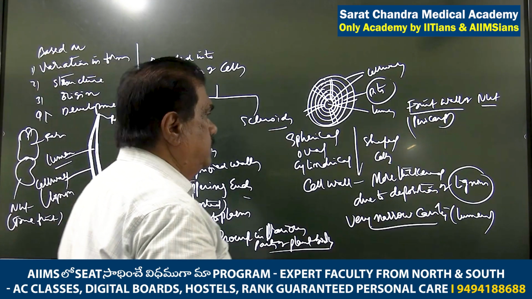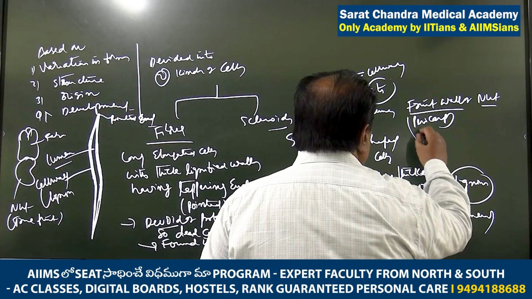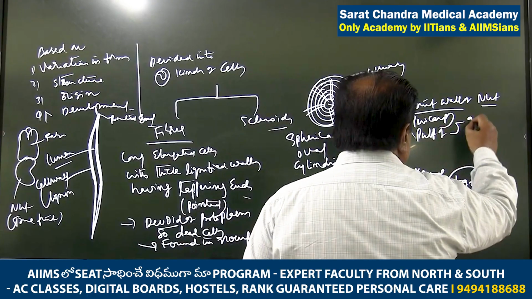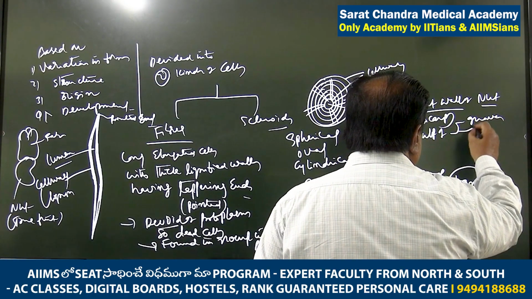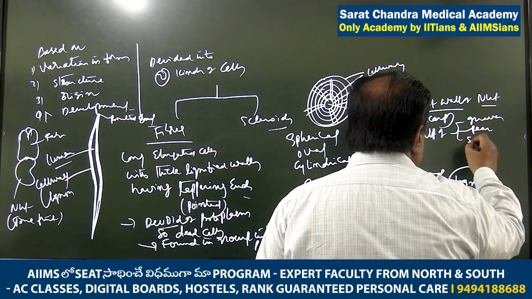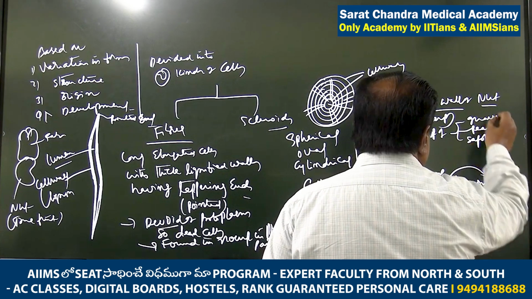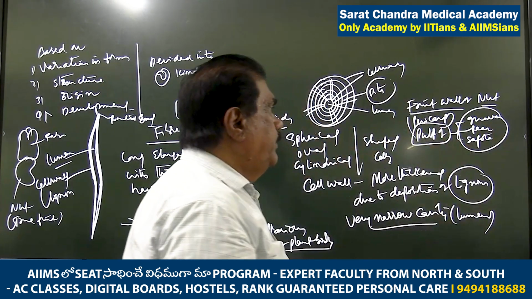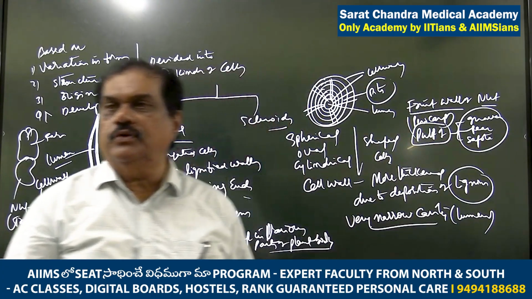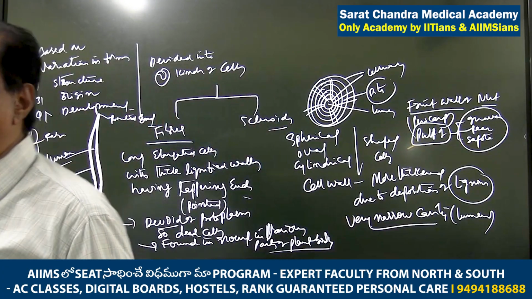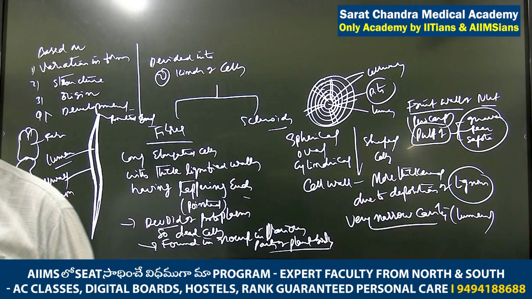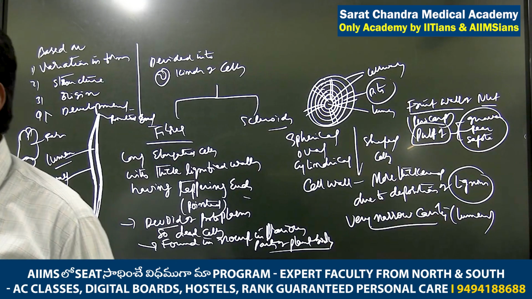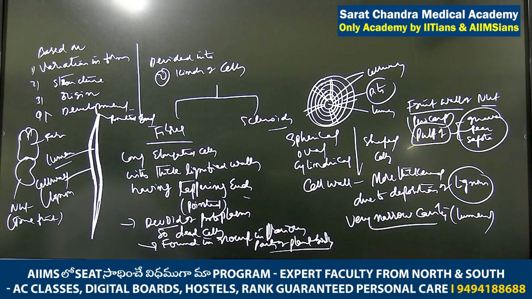The fruit wall in nut and also the pulp of guava, pear and sapota have sclereids. What is pulp? Pulp is the fleshy part of the fruit.